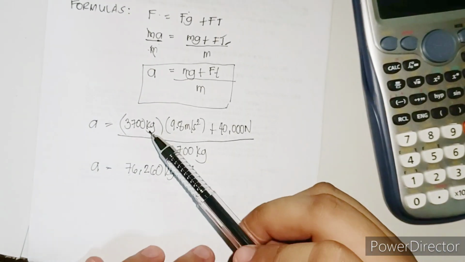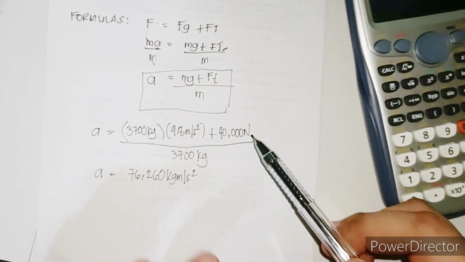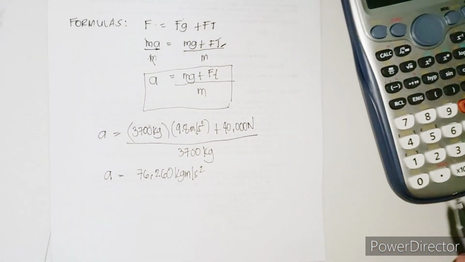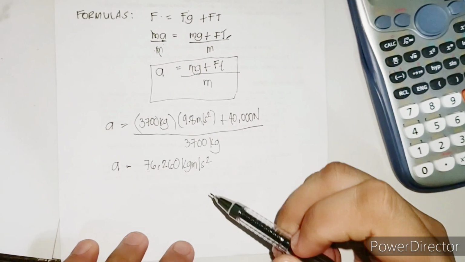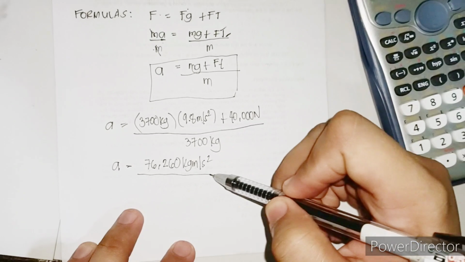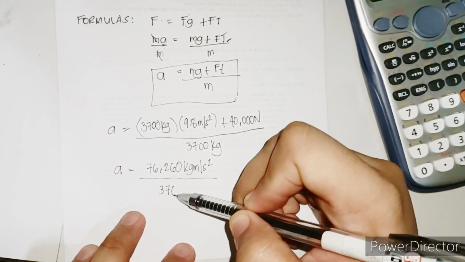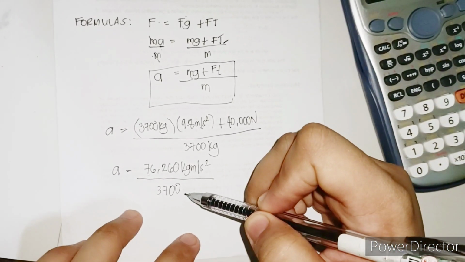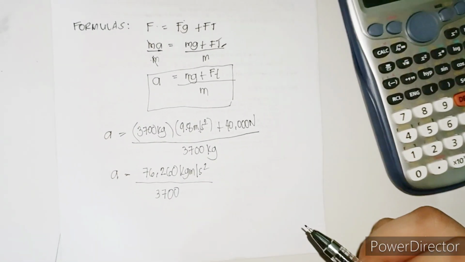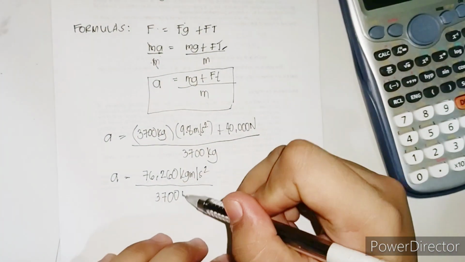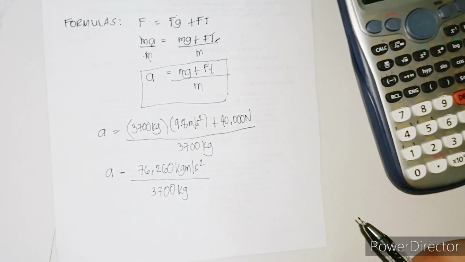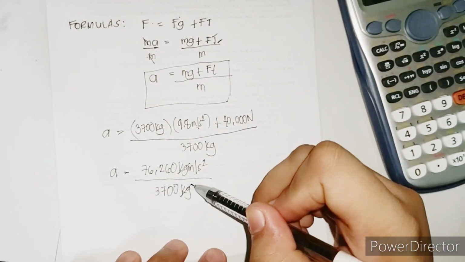Di ba sabi natin, kilogram meter per second squared is equal to Newton, so okay lang kahit ito na muna ang isusulat. All over 3,700 kilogram. So, kilogram and kilogram cancelled.